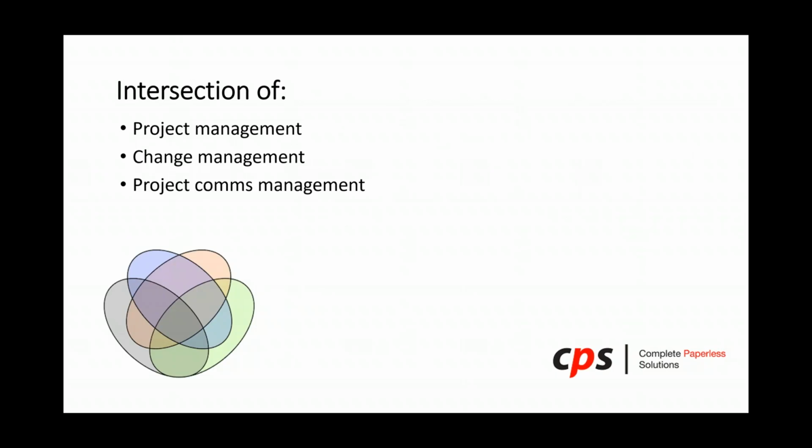So I really see the project manager sitting at the intersection. In the illustration, which is in some ways an overzealous Venn diagram, it is the project manager who sits at the intersection of knowing how to manage a project, knowing how to manage change, and knowing how to manage communications.